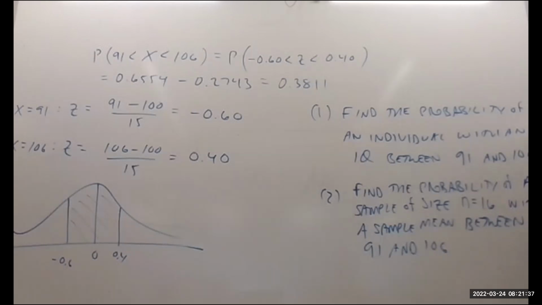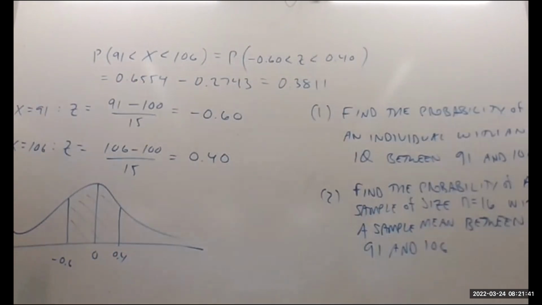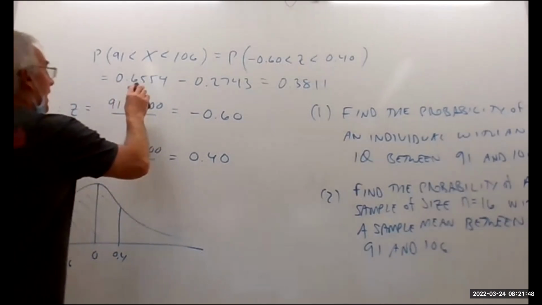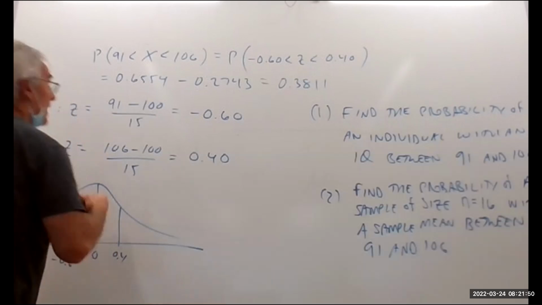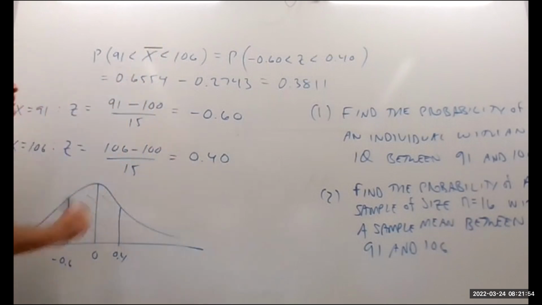That's actually a little bit different because although those numbers are the same, what changes in the problem? I'm going to change the question. Because now the question is not X. Now the question is X bar. What is the probability that an entire sample is between?